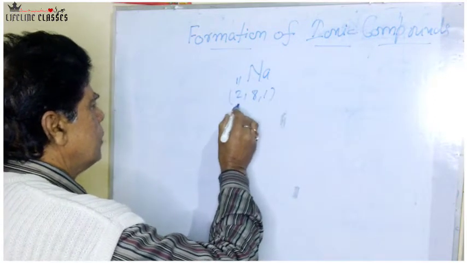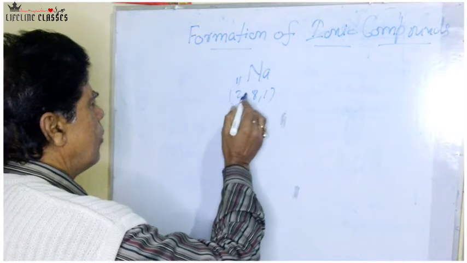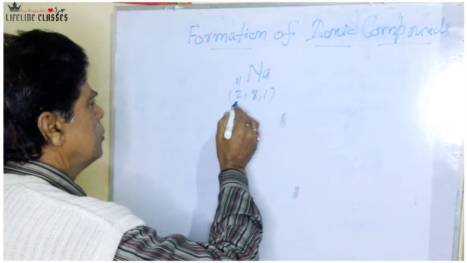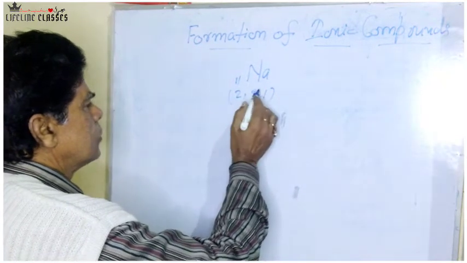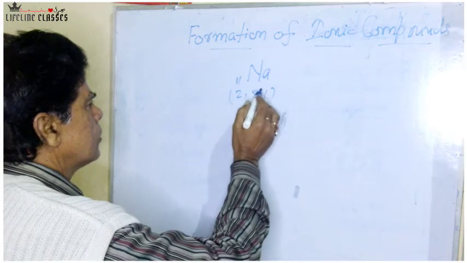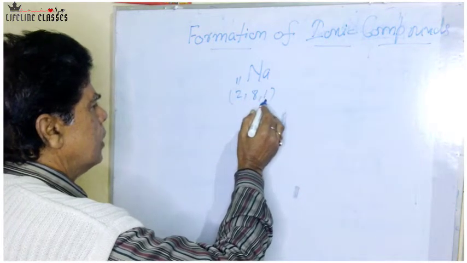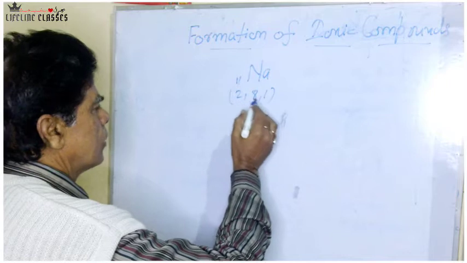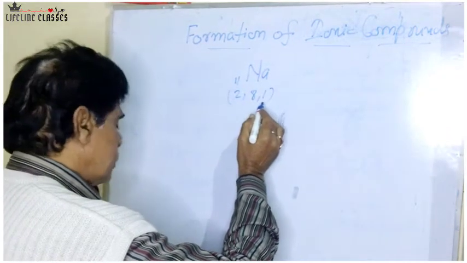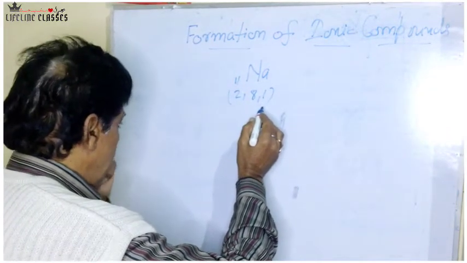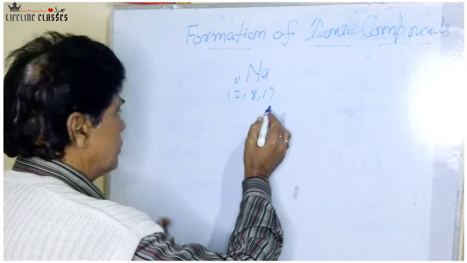It means the first shell of sodium atom contains 2 electrons, the second shell contains 8 electrons, and the third shell contains only 1 electron. So this sodium atom has a single valence electron.